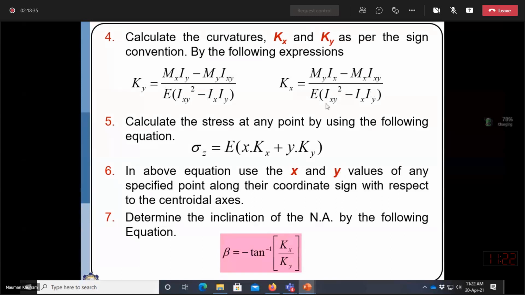Actually these parameters are indirectly converting all loadings and geometrical properties from the centroidal axis to the principal axis. So we need to substitute the properties directly with reference to the centroidal axis, and these parameters are already taking care of the geometric properties with reference to the principal axis. So you can see that these are the transformation parameters.